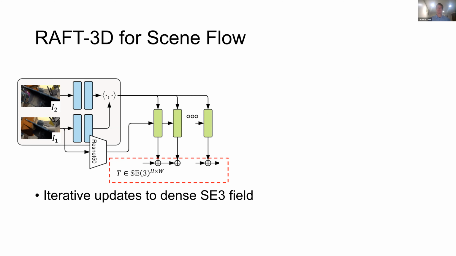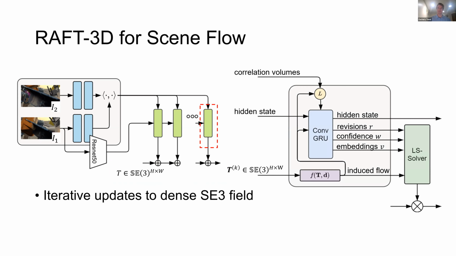And we can make a fairly simple modification of our DROID-SLAM architecture to estimate dense 3D transformation fields. Instead of performing iterative updates to camera poses, we're now going to perform iterative updates to dense SE3 fields. So we have a per pixel transformation that we want to update using an iterative architecture.